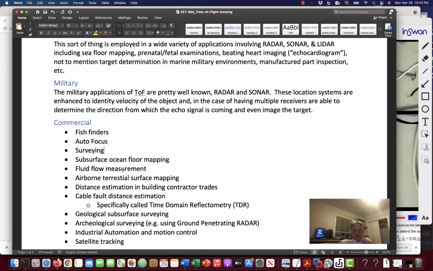Fluid flow measurement. Sometimes it's hard to measure flow because, as you know, you have to interrupt a conductor to measure the current. Although there are some Hall effect sensors now that can measure current, and there's some clamp-on current transformers that can measure AC current.